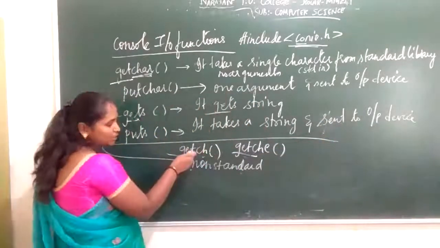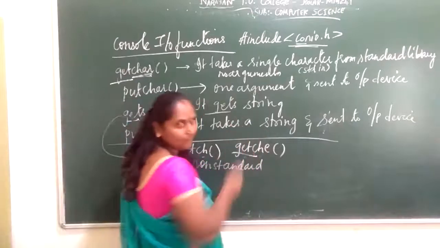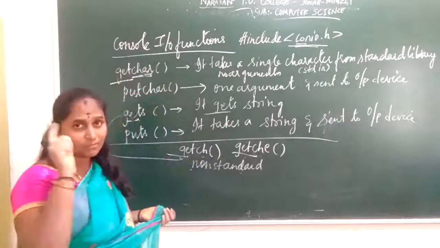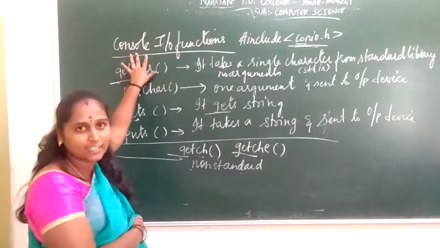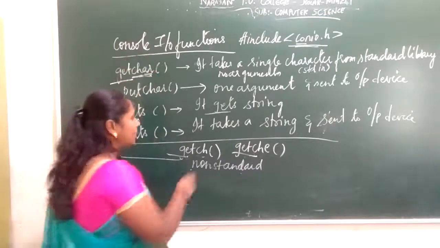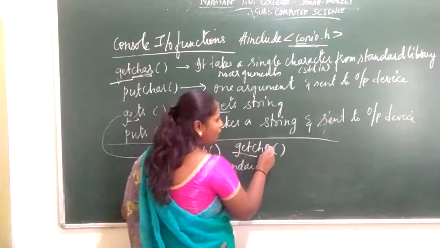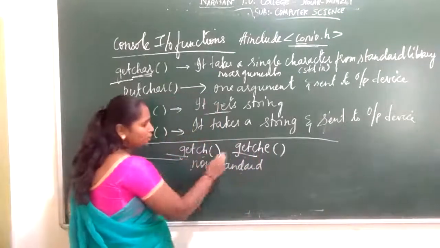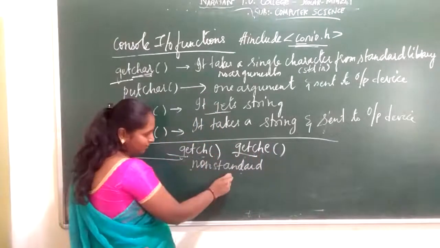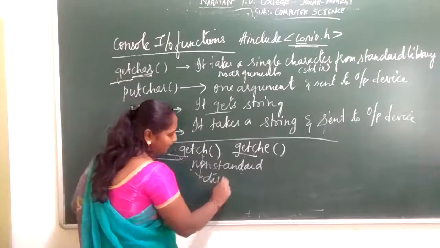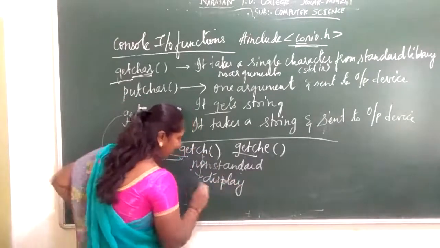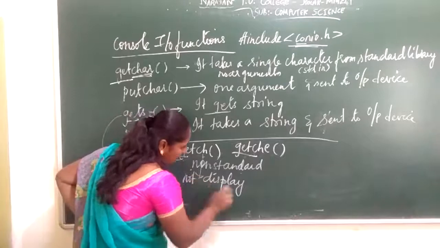So what's the difference between getch and getche? These are all included in a library called conio.h, that is console input output.h. Getch and getche, what's the difference between these? These two are non-standard library functions. In getch, it does not display the character.